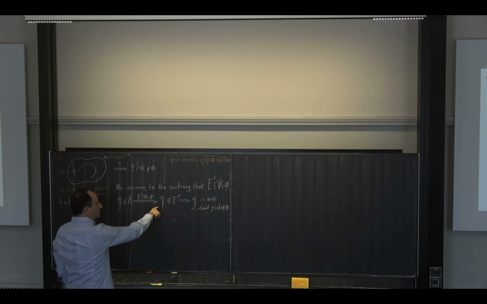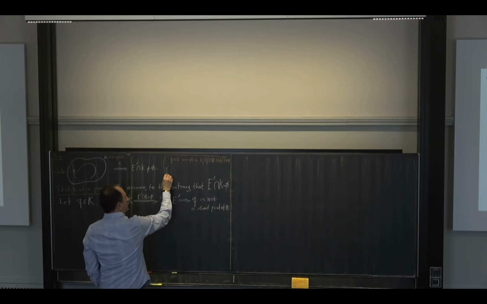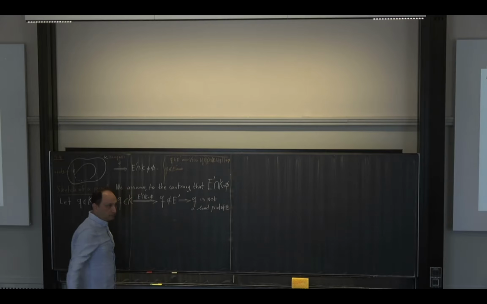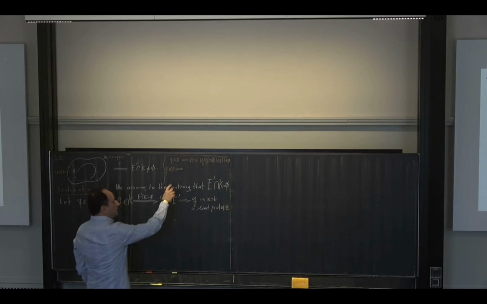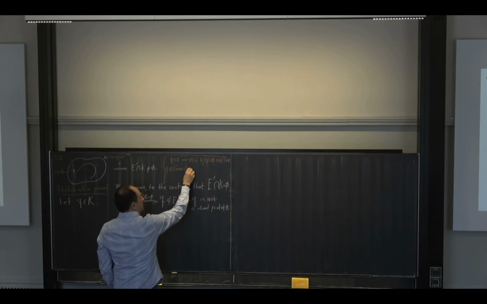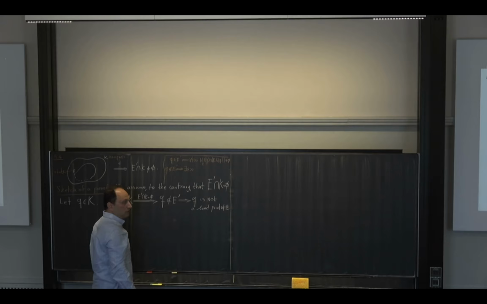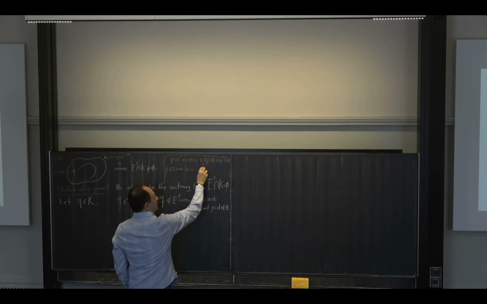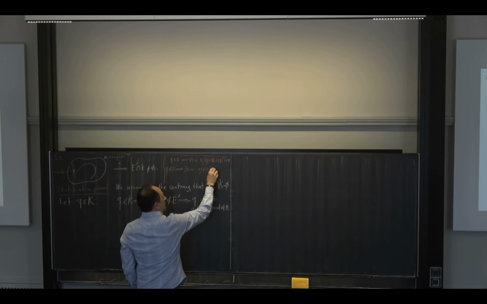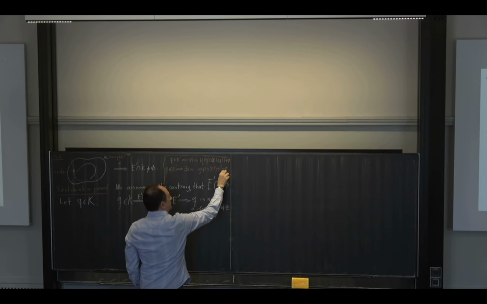But Q does not belong to E prime. What is the translation? This is just mathematical logic. What is the negation of universal quantifier? Existence. So there exists an epsilon greater than 0, such that, the negation of this one, the neighborhood N_epsilon(Q) intersect with E minus Q is empty.